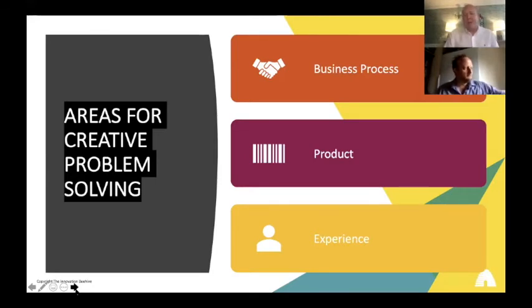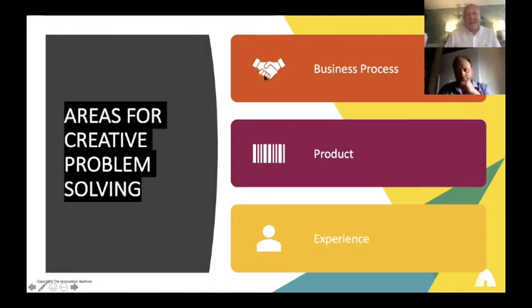Absolutely, product is an area where creative problem solving can be useful, but also looking at internal business processes, looking at your human resources processes, and also looking at your experience, whether it's your employee experience or your customer experience. Actually, there are at least three areas here: business processes, product, and experience, for which creative problem solving can be useful.